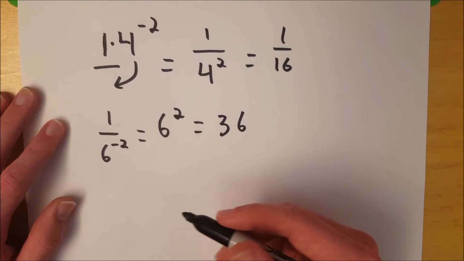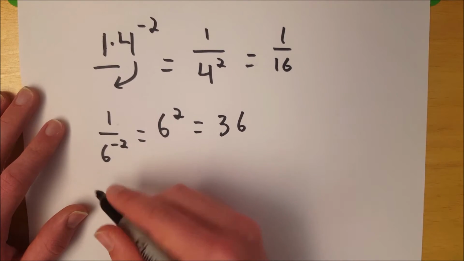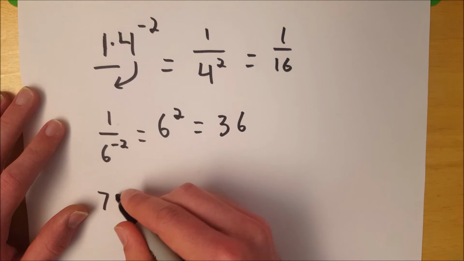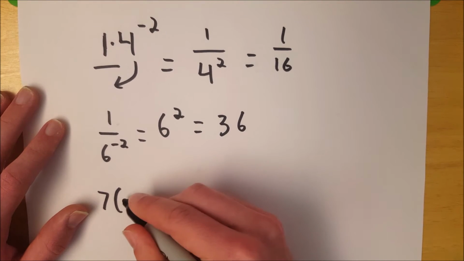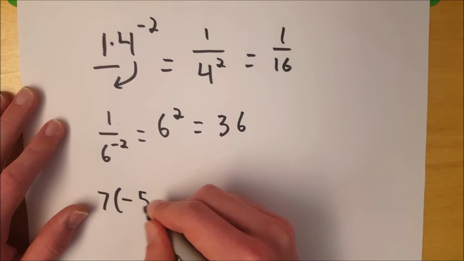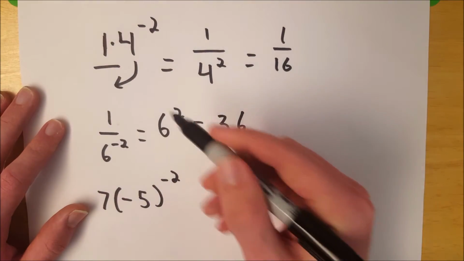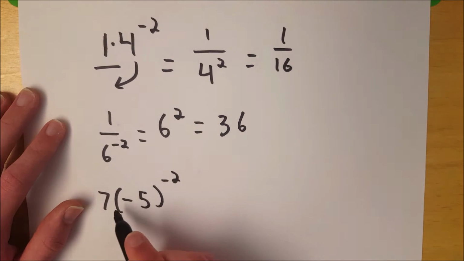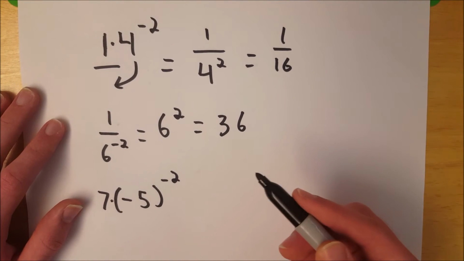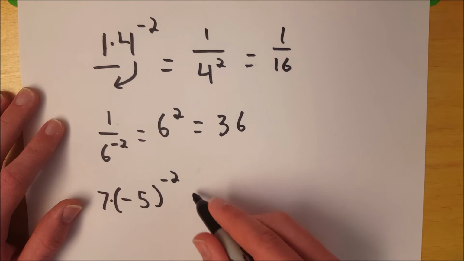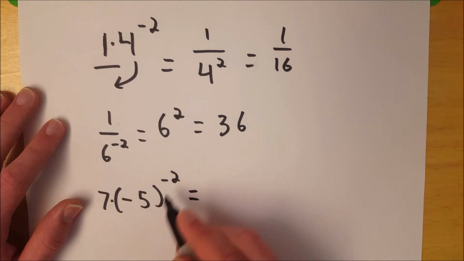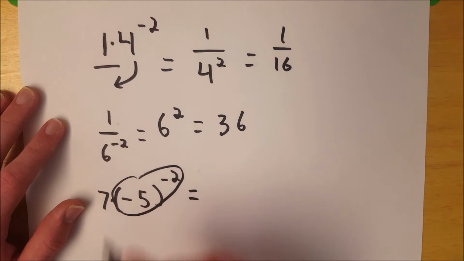Now let's say we have something like 7 multiplied by negative 5 to the power of negative 2. So now where we had a 1 up here that we just multiplied so you could see that more clearly, now we have a 7 multiplied by negative 5 to the power of negative 2. So just like before, you want to send this whole thing down to the denominator.